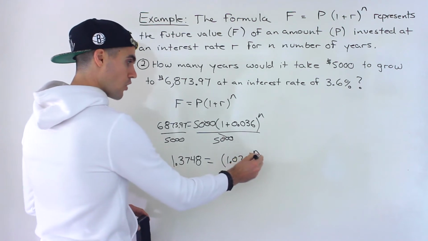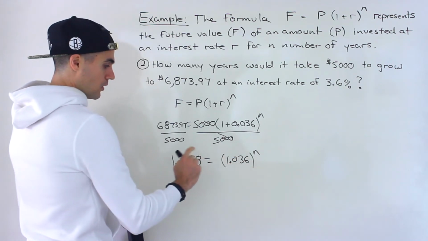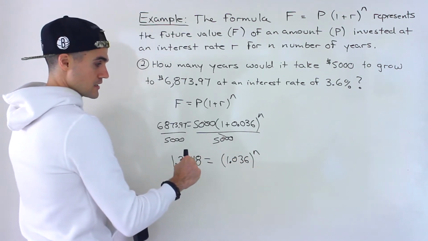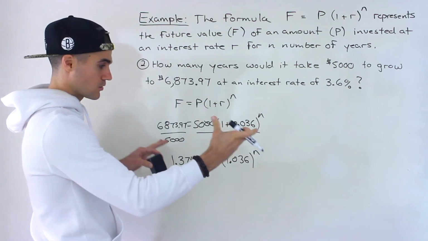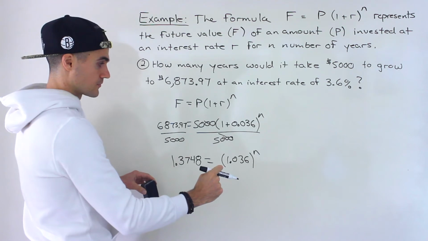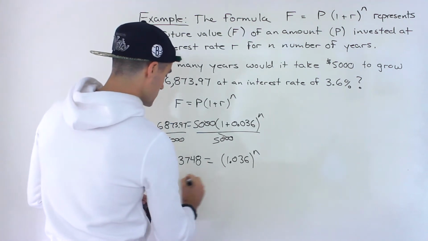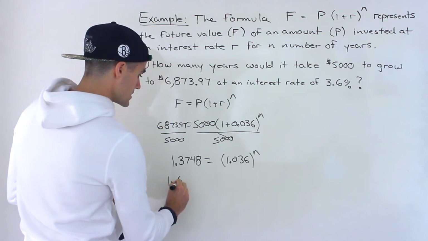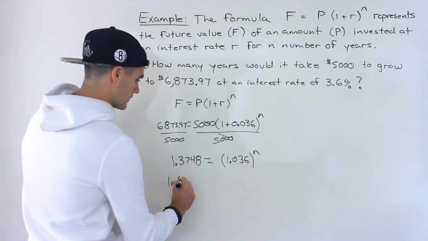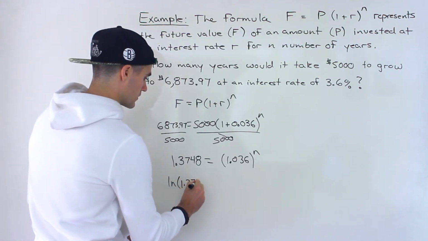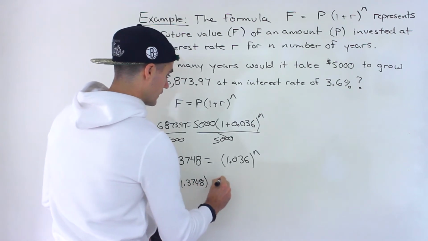Question is, how do we solve for this n here? Well, what we would actually have to do is we would have to log both sides or ln both sides. Right? So what we would do is we would ln this side and then ln this side.